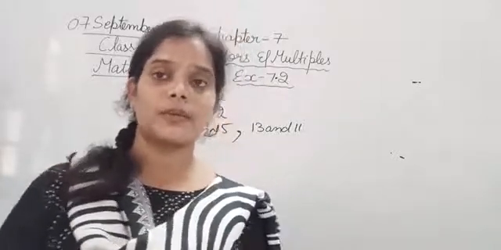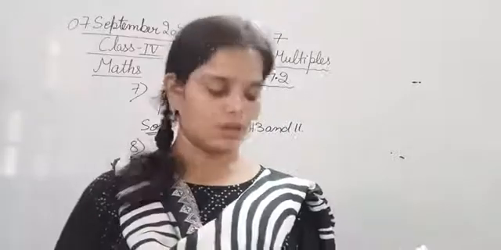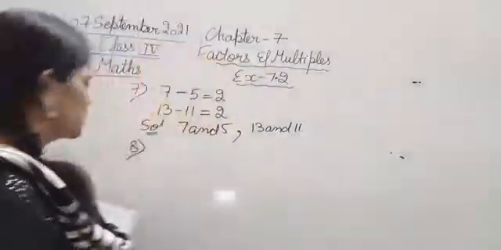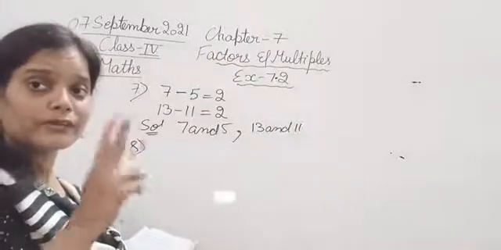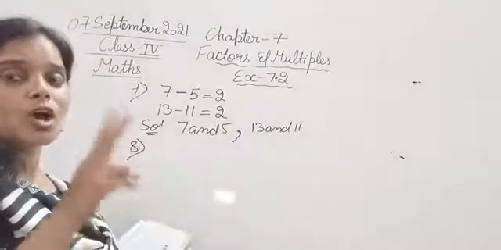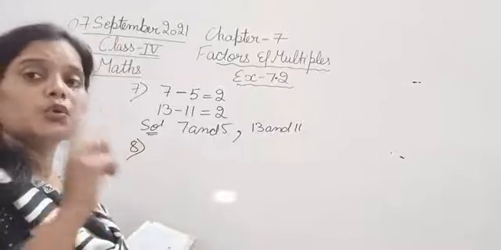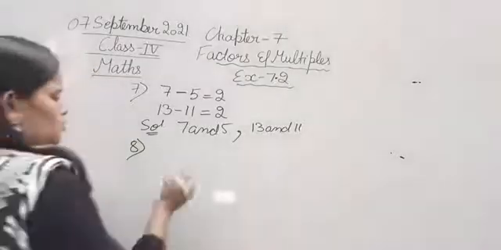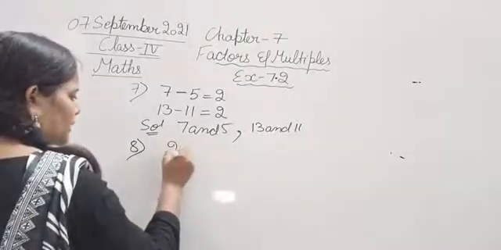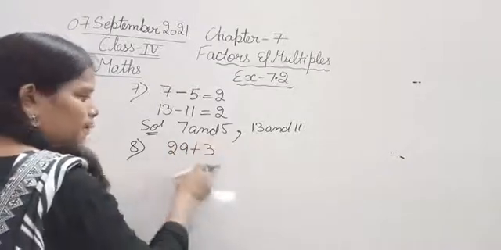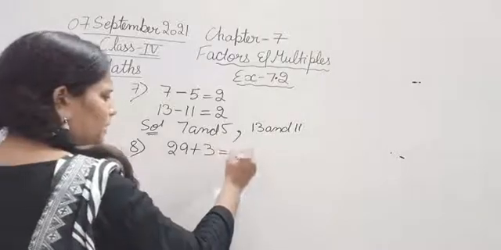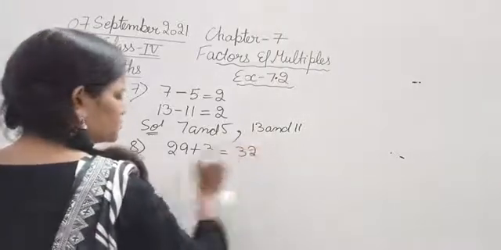So let's think about it. We have to write the 2 pairs of prime numbers whose sum is 32. If we add 29 and 3, they both are prime numbers, and if we add them you will get 32.